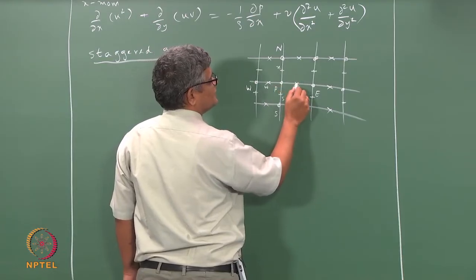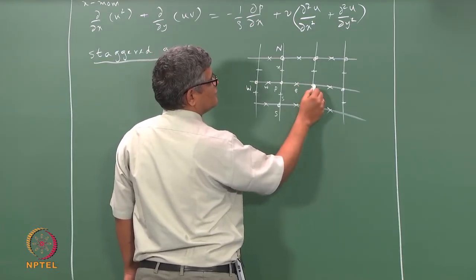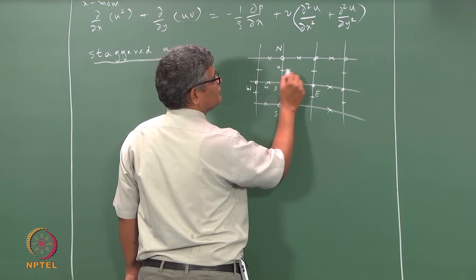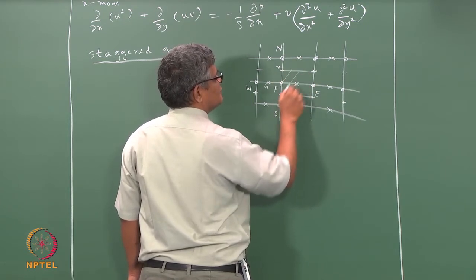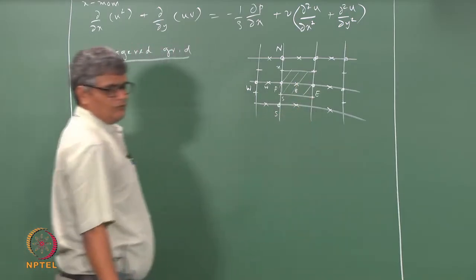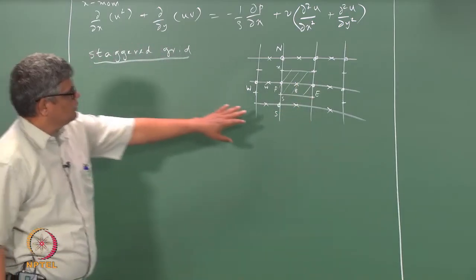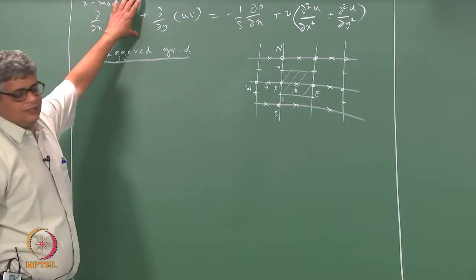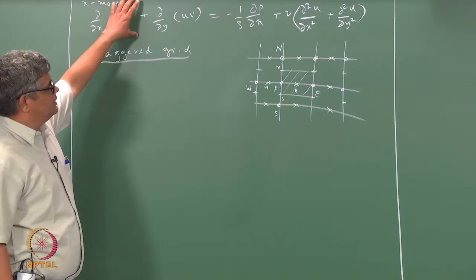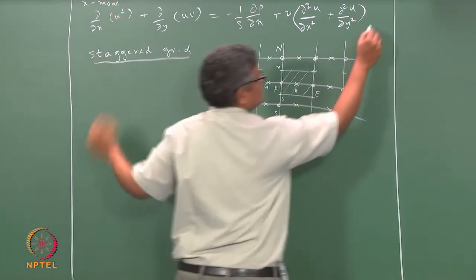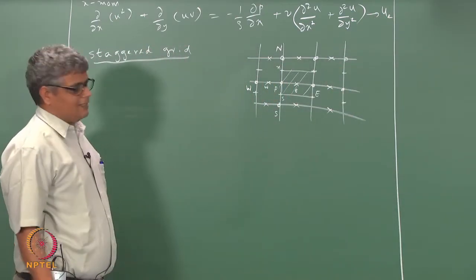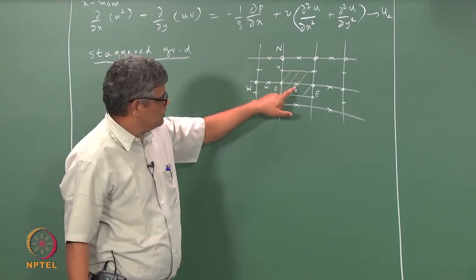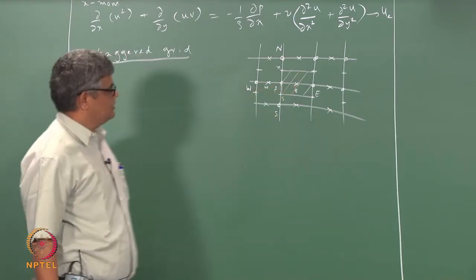This extends halfway this side and halfway this side, and halfway north and halfway south, and this is the control volume over which we would like to evaluate the x momentum equation and get the velocity at the center of this control volume, which is velocity at small e.